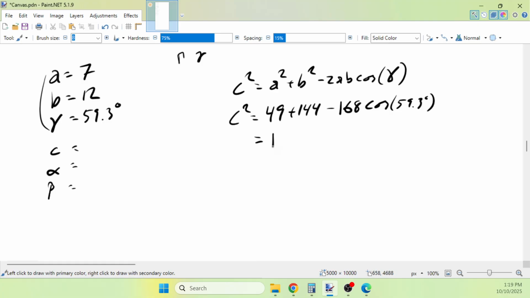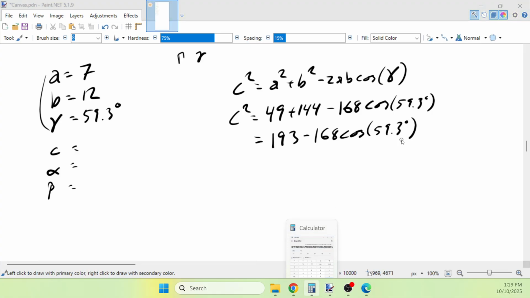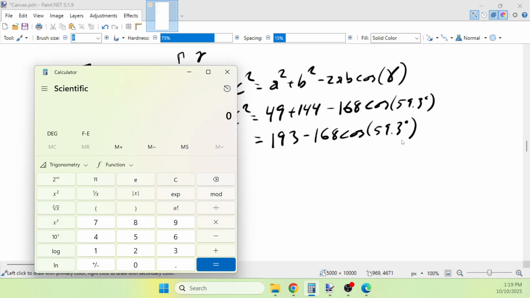49, later, cosine at negative, add, get.